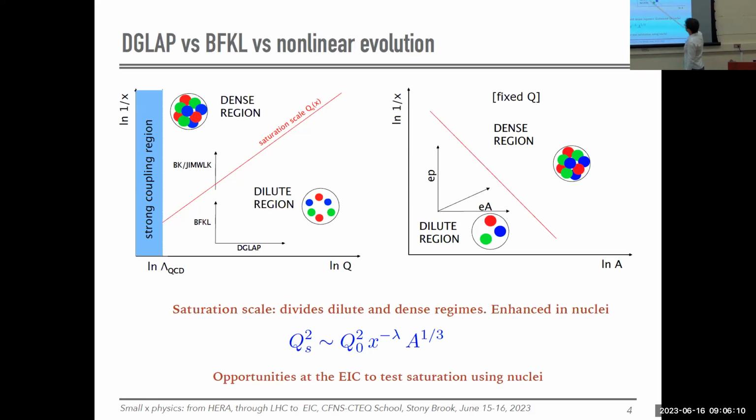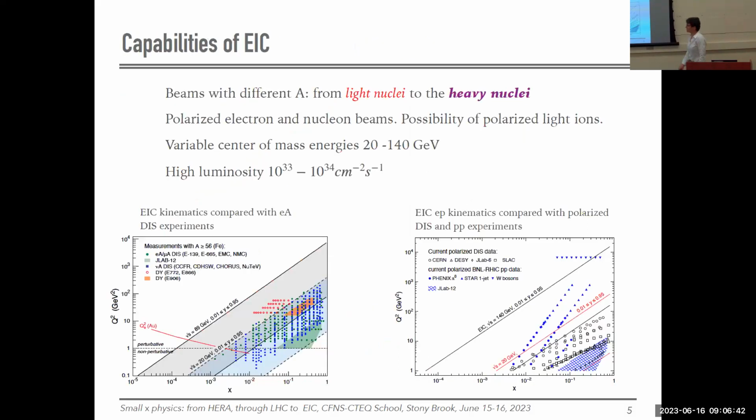The dilute region is between large x and small A, and the idea is that you can enter the dense region going either through ep collisions or some pp or other collisions at very small x, or, if x is moderate, by going to heavier nuclei. So this gives an opportunity at the EIC, particularly in the context of physics with nuclei, to test these ideas of saturation. Okay, so for the EIC, what are the capabilities?